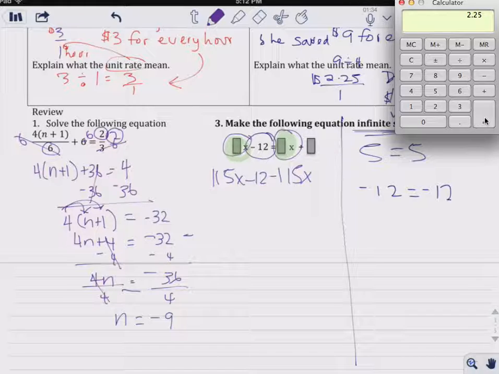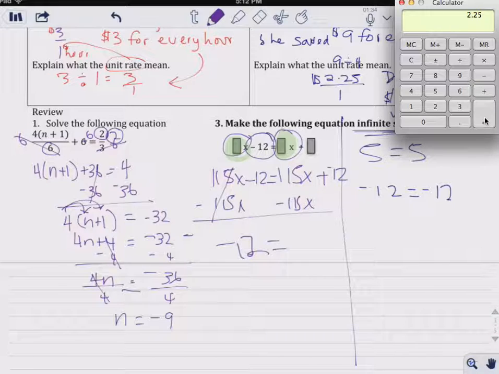Minus 12 equals, so I need to make minus 12 on this side too. A negative 12, that's a missing number. So minus 105x gives you 0. Negative 12 equals negative 12 also. And that's infinite solution.